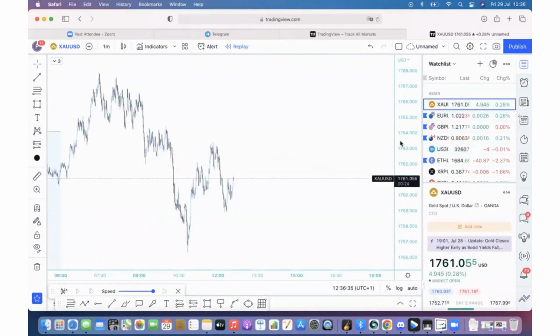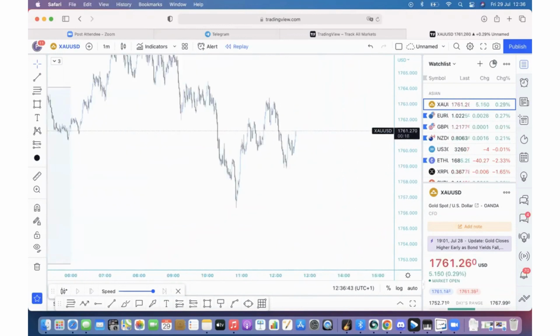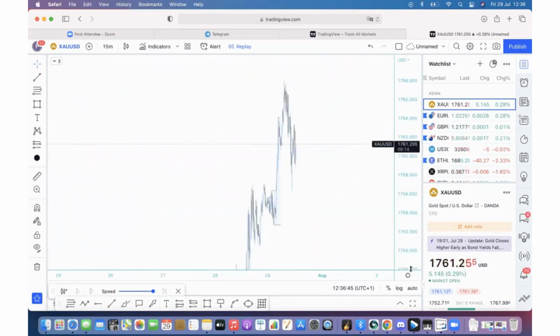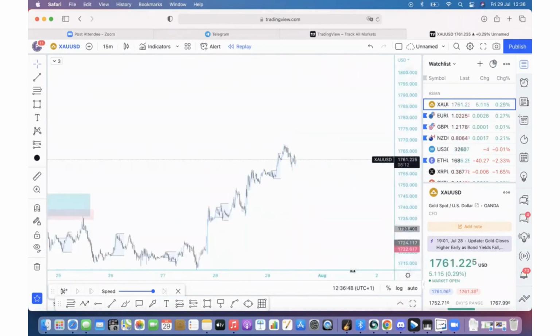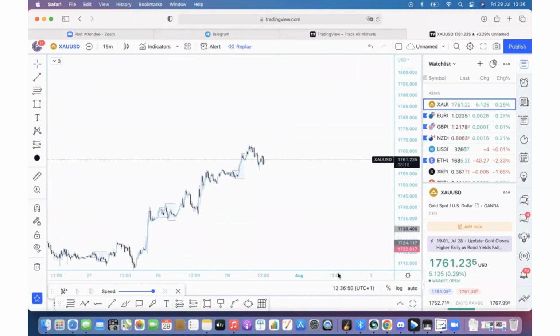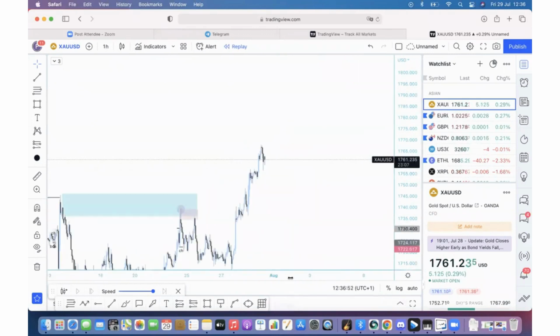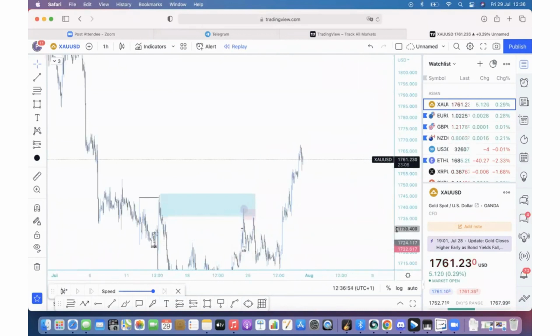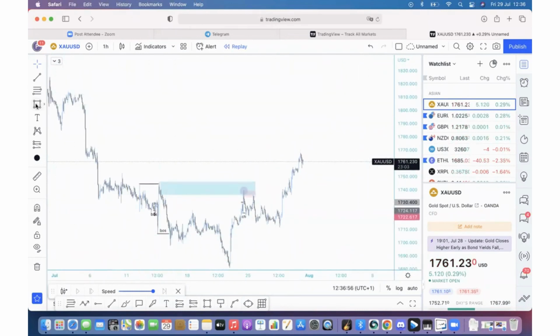I haven't checked gold in a while. Oh, there is a question. Does gold have confirmation? Confirmation for what? For sells. So let me see. We are in a very strong uptrend.